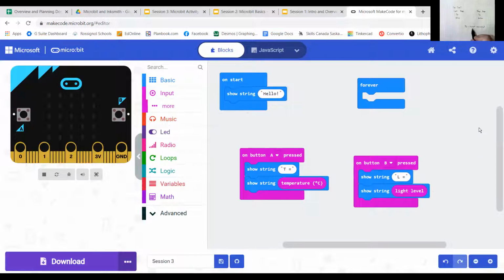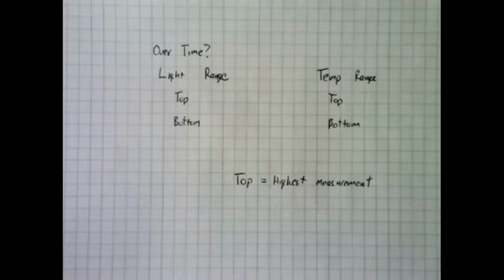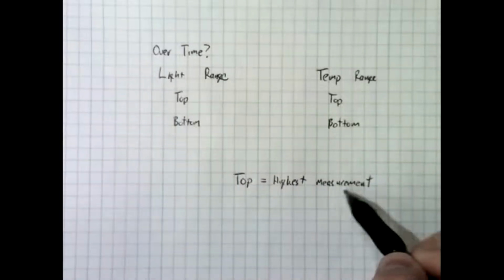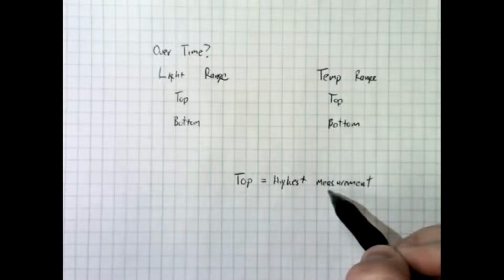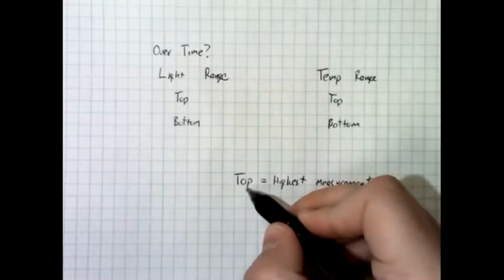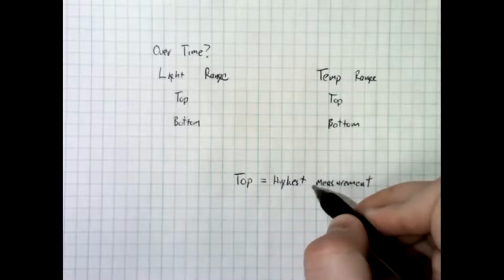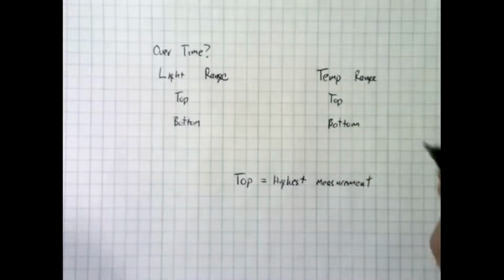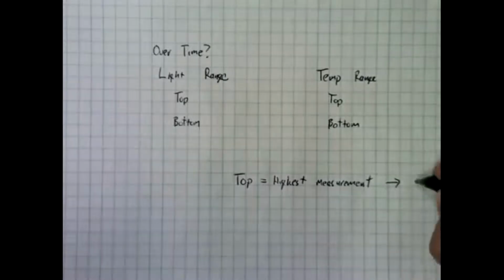Now, we can take a look at this and simply say, if this highest measurement, if this variable isn't this, well, then we simply replace this guy, right? So if we take this top measurement and it is this highest measurement, then we're good.